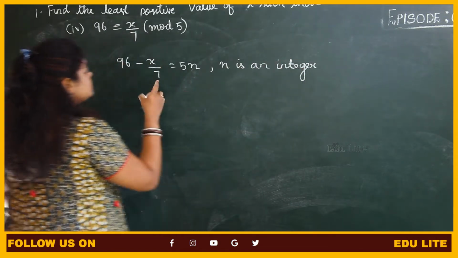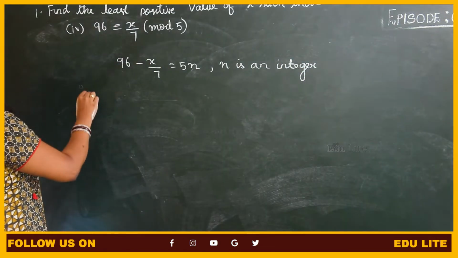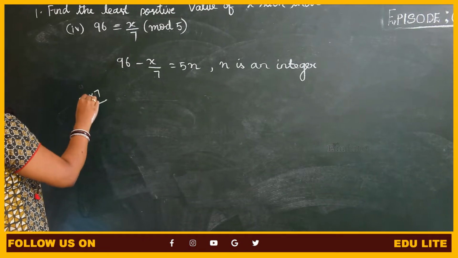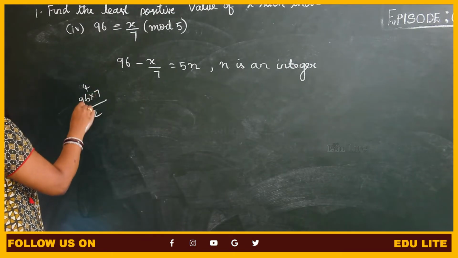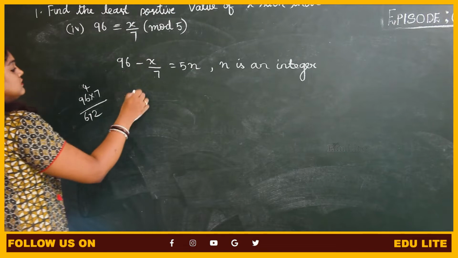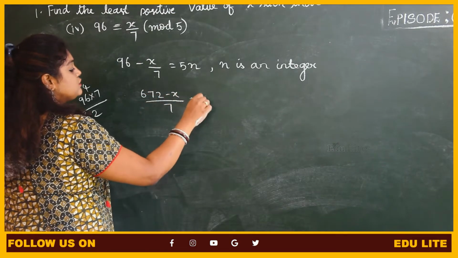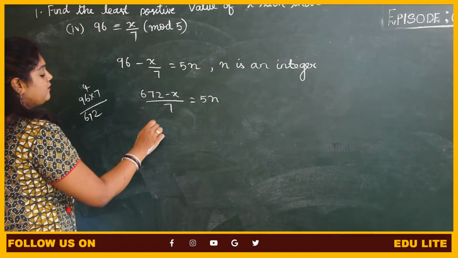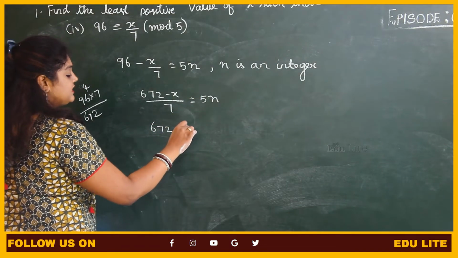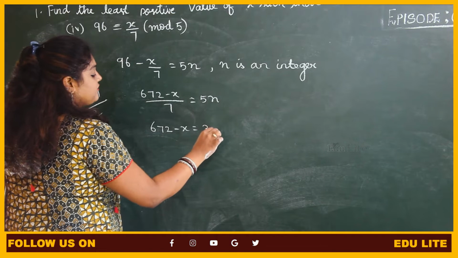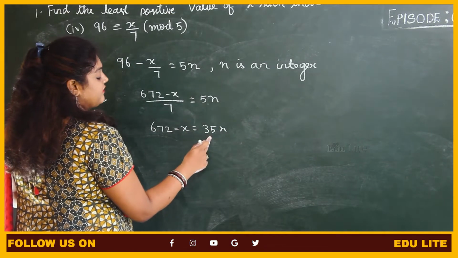Next, we have to simplify this. So 96 into 7 is 672, minus x divided by 7 equals 5n. 7 will go to the other side, so 672 minus x equals 35n, since 7 fives are 35.